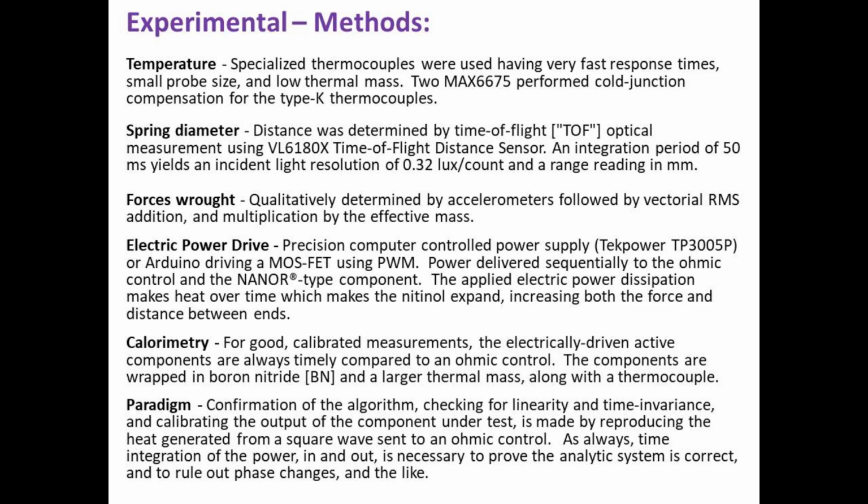These sensors included thermocouples, a time-of-flight optical measurement system able to give the distance between the ends of the nitinol, and a series of accelerometers that were able to give vectorial acceleration. We created an RMS addition, and then by using an effective mass was able to determine the forces that were wrought by the input power.